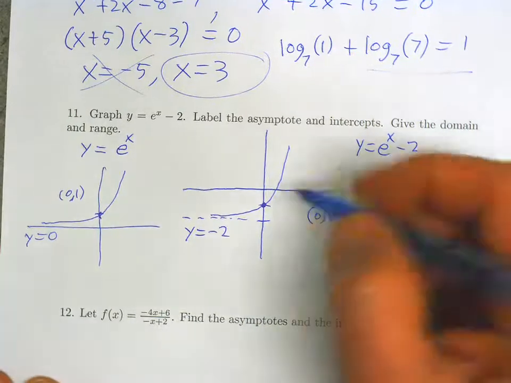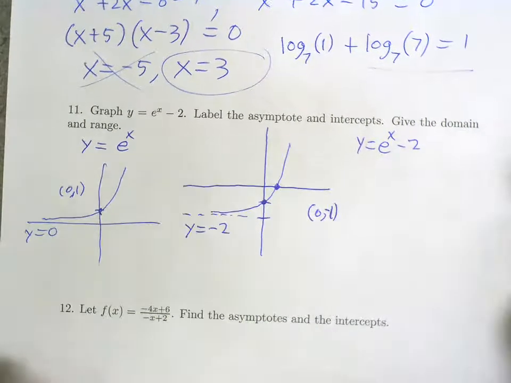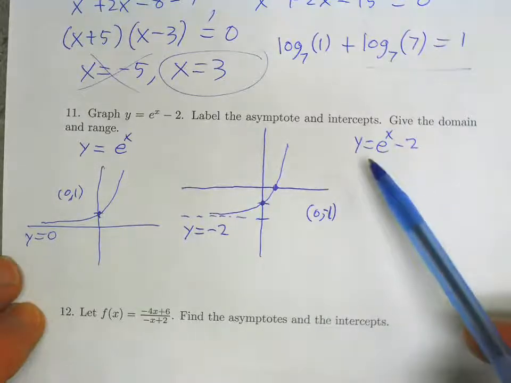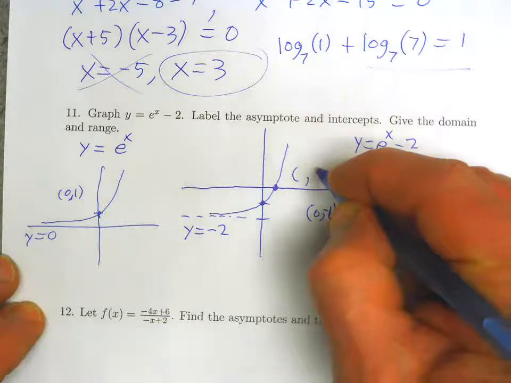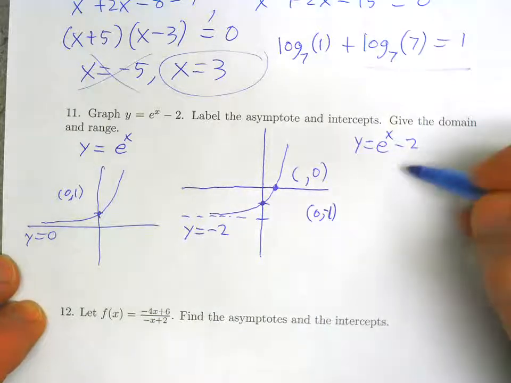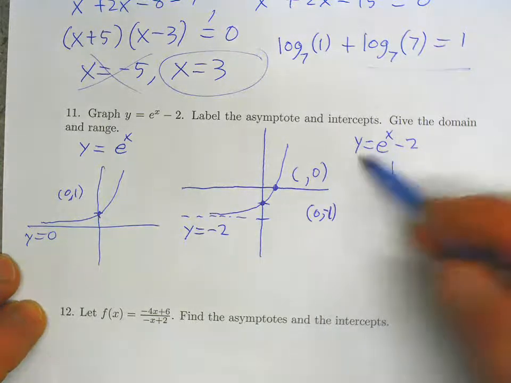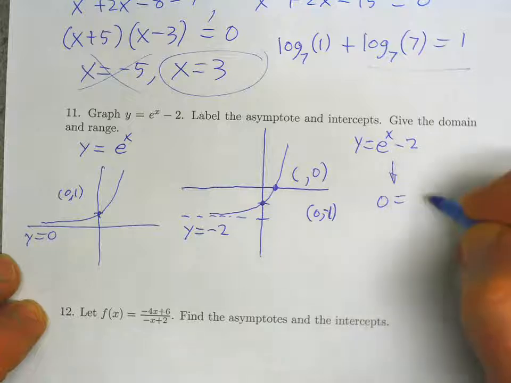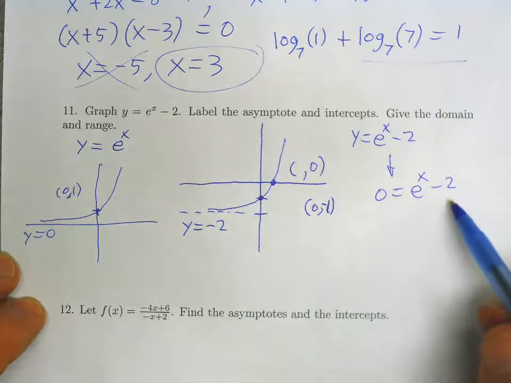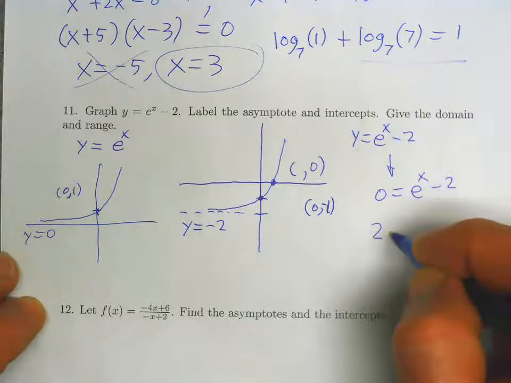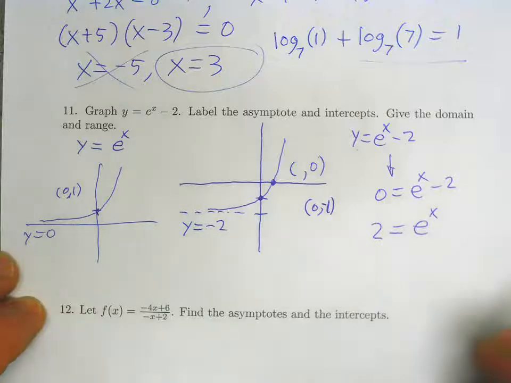So we need to identify the x-intercept. That's not too hard. Every x-intercept has a y-coordinate of 0. So in this equation, we replace y with 0 and then solve for x. So if 0 equals e to the x minus 2, add 2 to both sides, 2 equals e to the x.